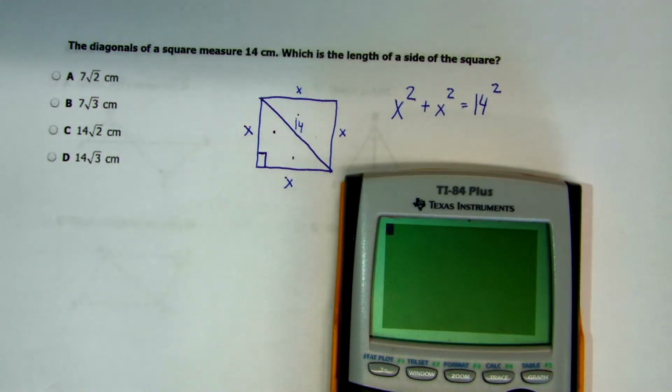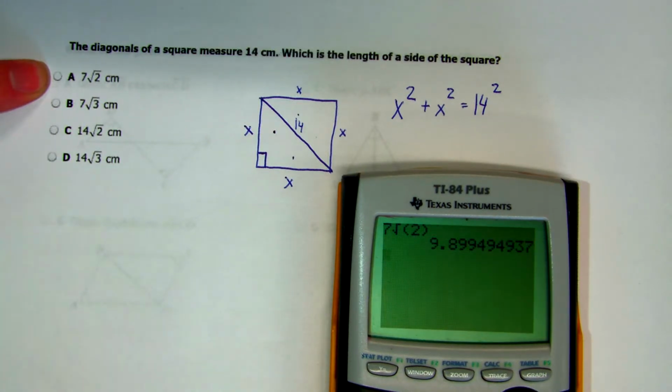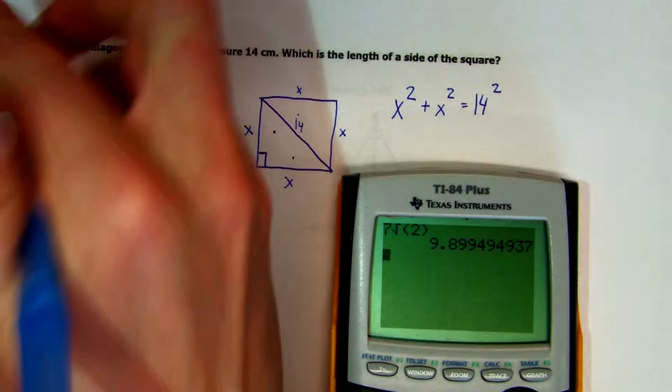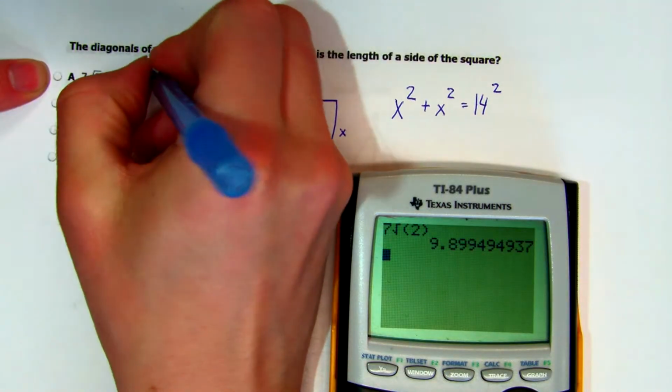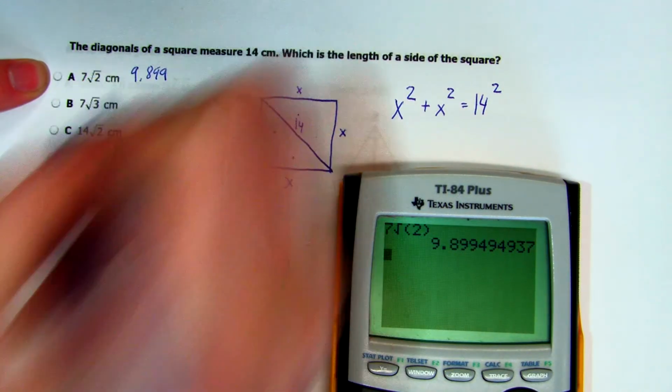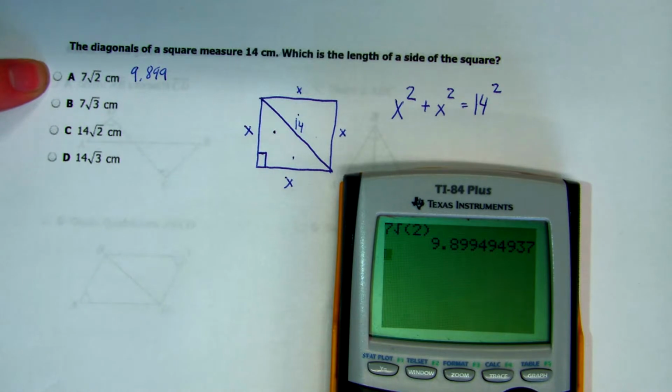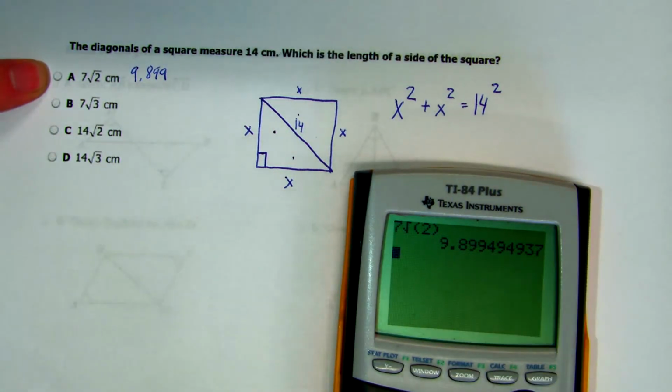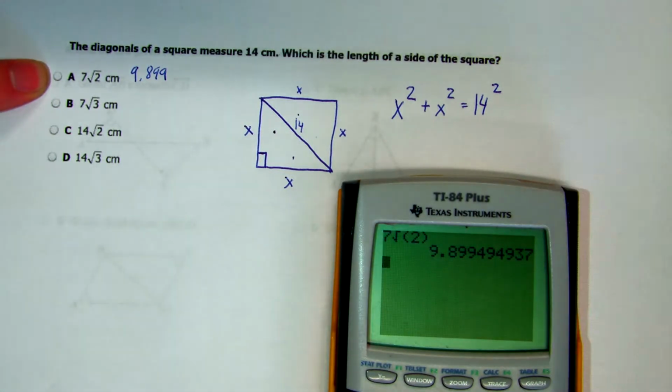On your calculator, you want to deal with answer choice A first, which is 7 square root 2. You can literally type in 7 square root 2. Make sure you close your parenthesis, and it tells you that that is 9.899. So I'm going to write 9.899. What I'm going to do is plug that in for x, and now I've rounded, I've cut off some of these digits, but if I get a number that's really close, it would be okay.